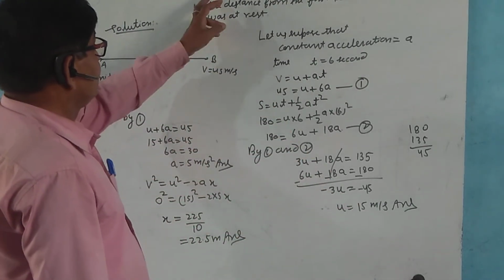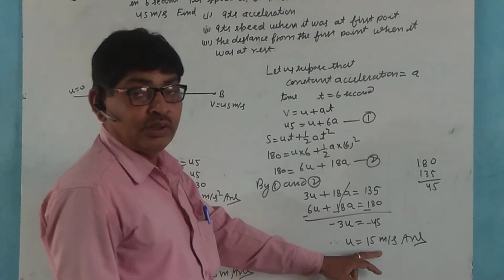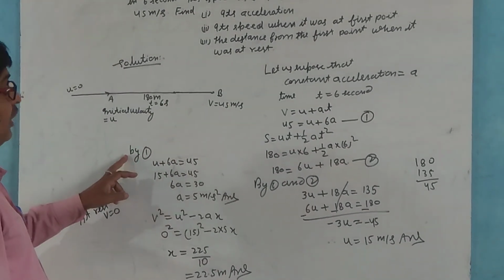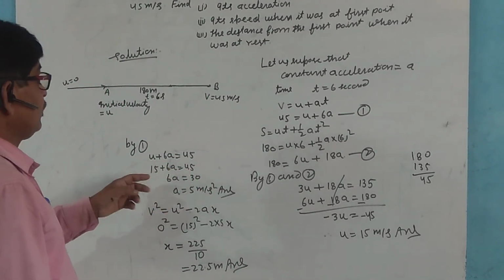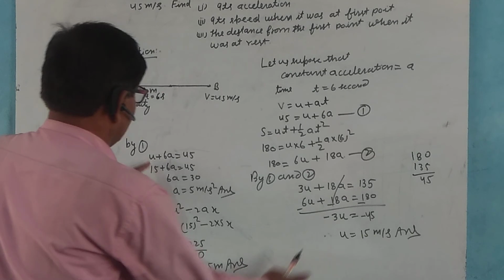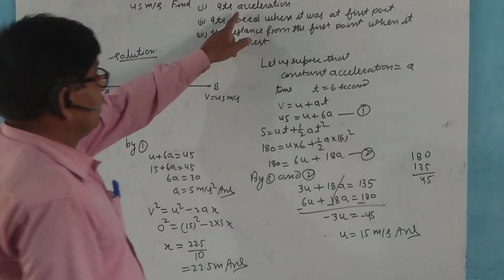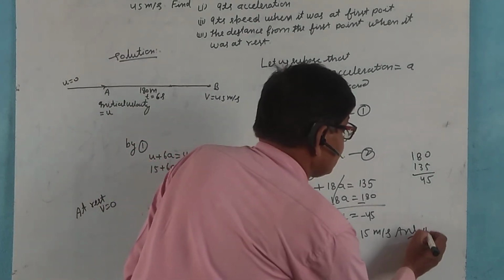This is the speed when it was at the first position, the second answer. Now by relation 1, u plus 6a equal to 45, putting the value of u here, we get acceleration is 5 meter per second square. This is the first answer.